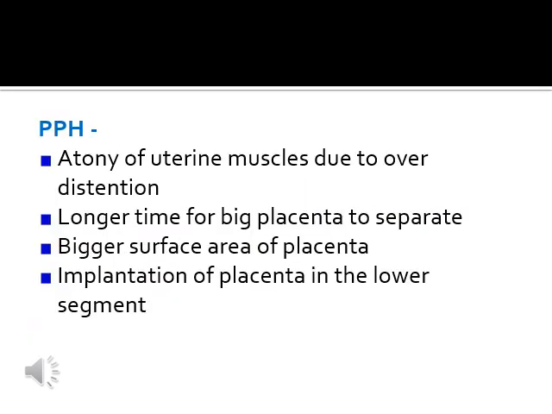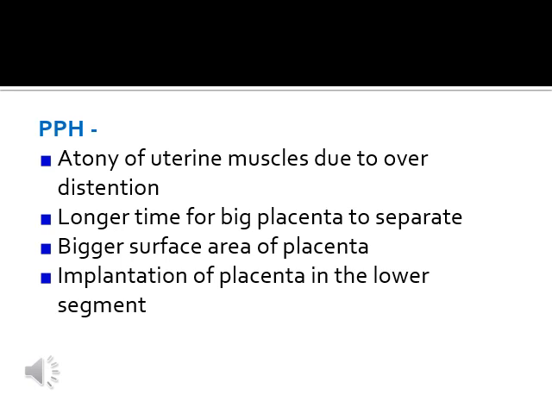Next complication is the PPH, that is postpartum hemorrhage, due to the atrophy of uterine muscles due to the over distension. As during the pregnancy the uterus has been over distended, after the delivery also the uterus will take time to retract or come back to normal size. So it can cause PPH, and a longer time for the big placenta to separate.